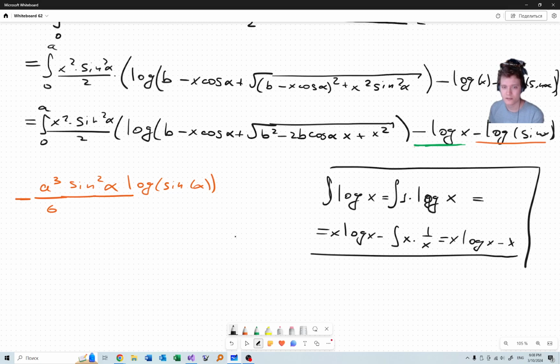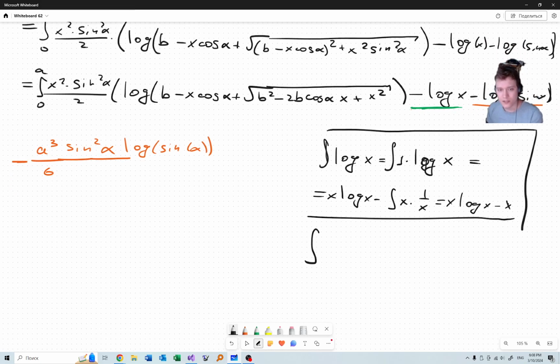Okay. It should be even easier with x to the power alpha log x. Not alpha, let's say k.